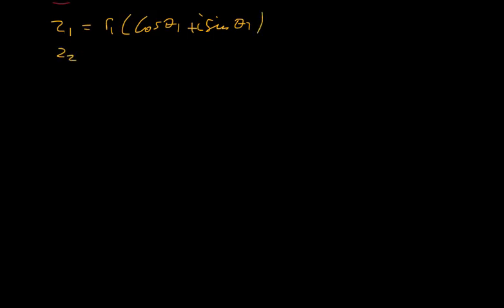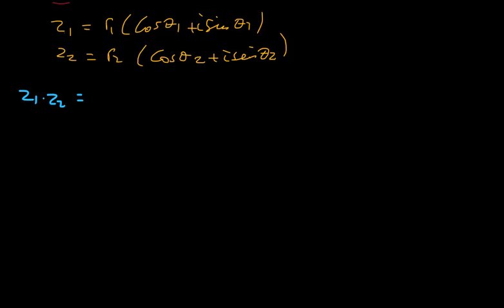So z2 will be r2 cosine of theta 2 plus i sine theta 2. Okay, let's find the product.